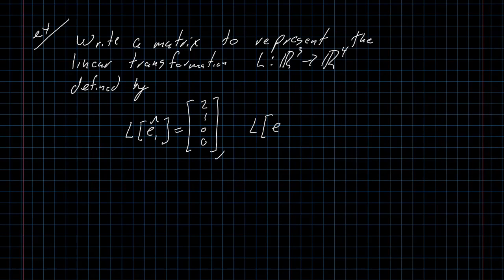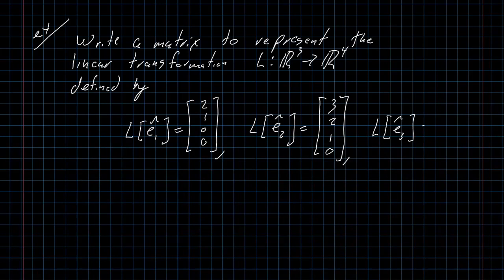L acting on E2 might be 3, 2, 1, 0. And L acting on E3 maybe will give us 4, 3, 2, 1.